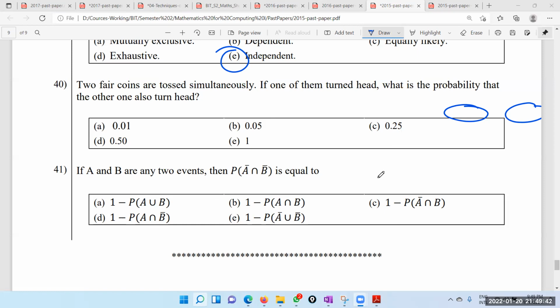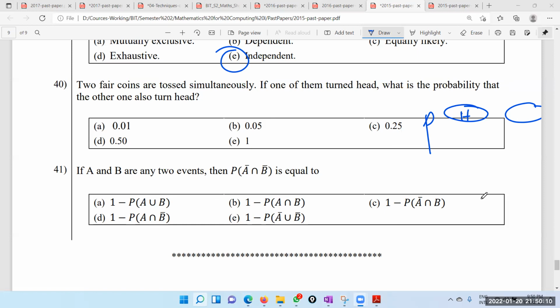Two fair coins are tossed, right? If one of them turns head, හරි එක්කෙනෙක් head ඇවිල්ලා තියෙනවා. අනිත් එක්කෙනා head වීමේ chance එක. Answer is C.